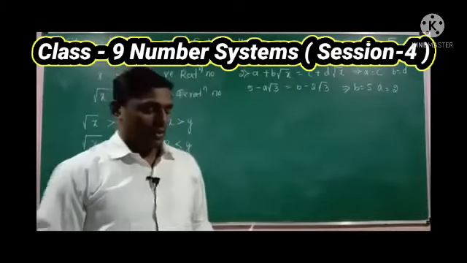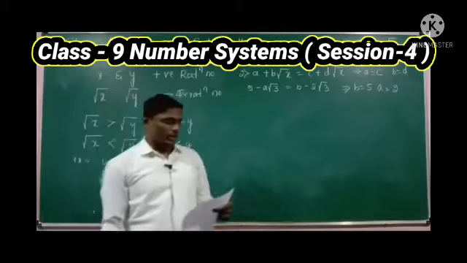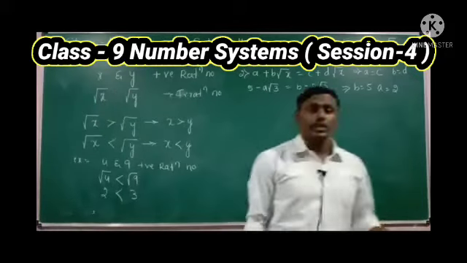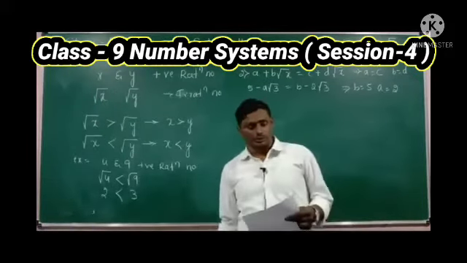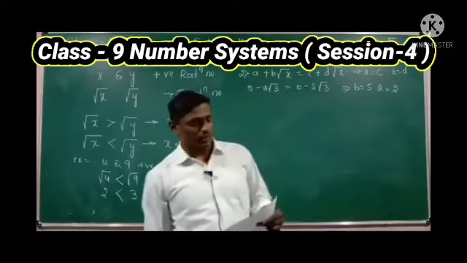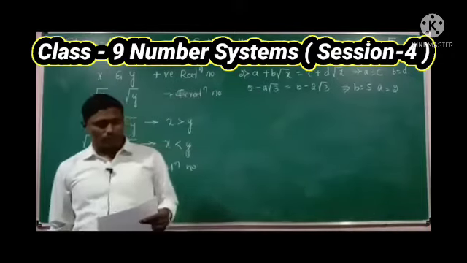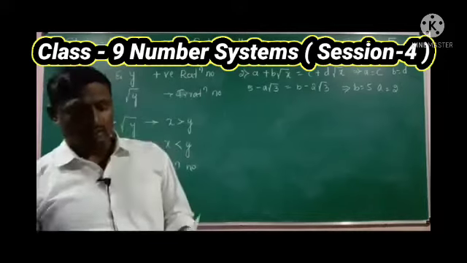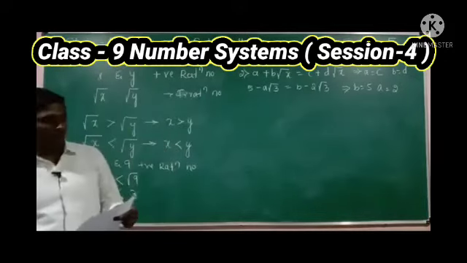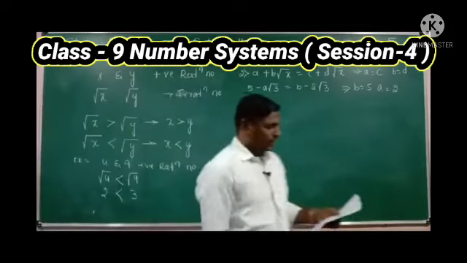Third one: the negative of an irrational number is always irrational. Fourth one: the sum of a rational number and an irrational number is always irrational. This was already told to you, right?